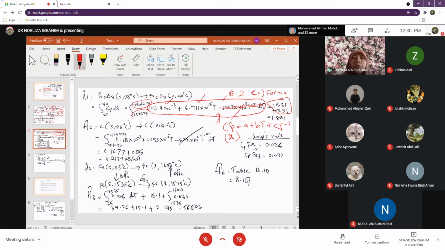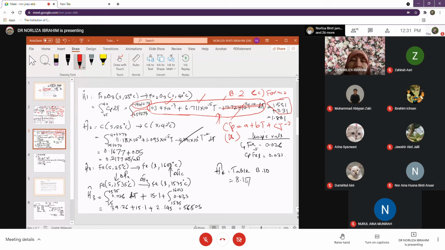If you want to use Kopp's rule to calculate the CP of the ferric oxide, I think personally I will give half of the full mark, because the CP is already there in the table, so no need to do any other calculation.